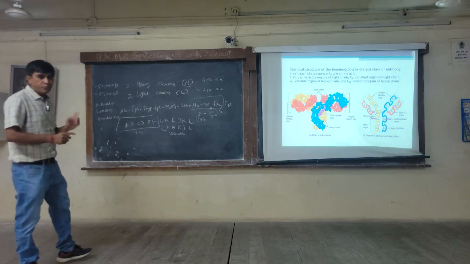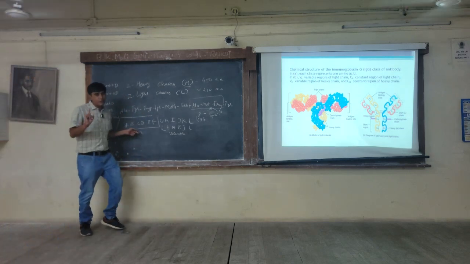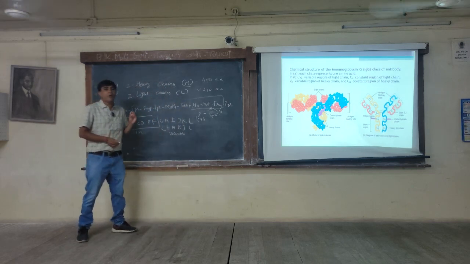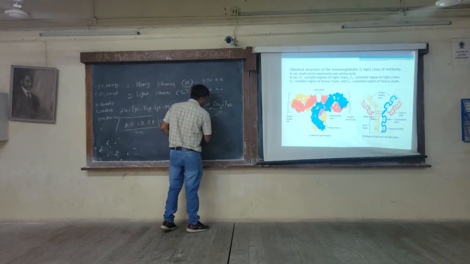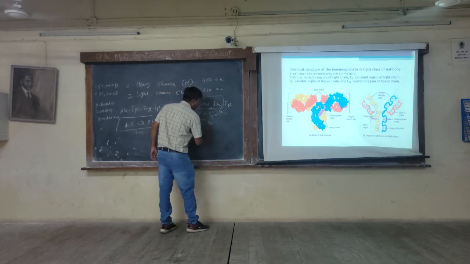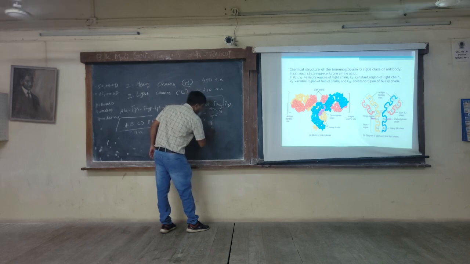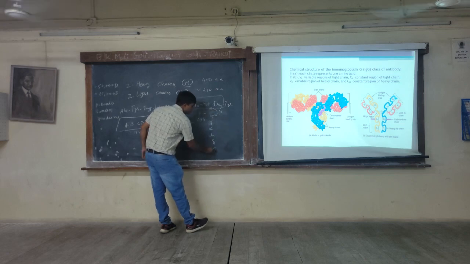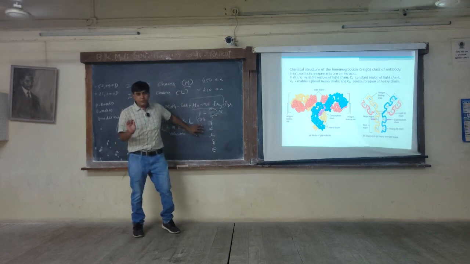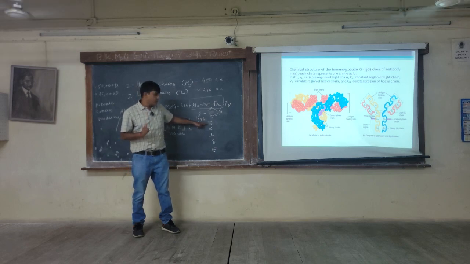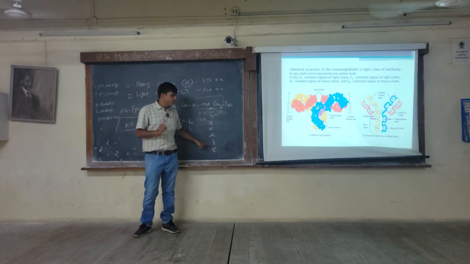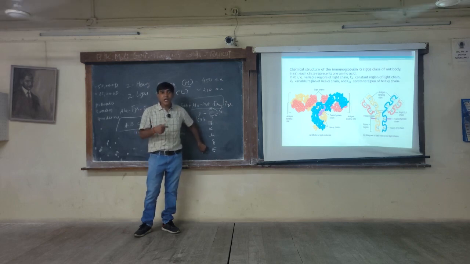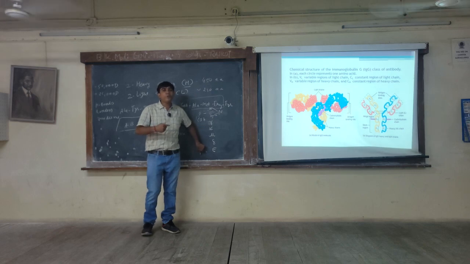the type of immunoglobulin. There are 5 types of heavy chains available. There are 5 different constant region sequences available for heavy chains. Accordingly, the heavy chains are categorized as gamma, alpha, mu, delta, and epsilon, and that will decide the type of antibody, the type of immunoglobulin.